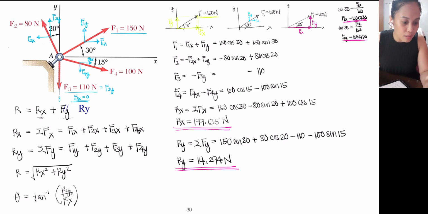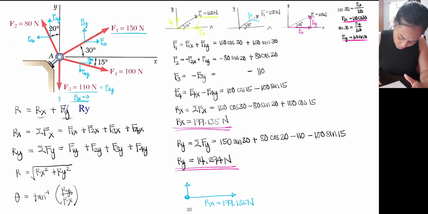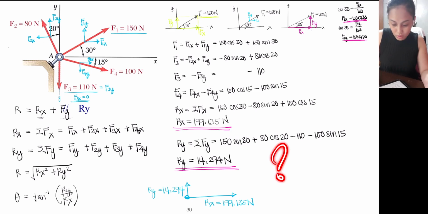So if we draw the Cartesian coordinates, Rx is 199.135 newtons and Ry is 14.294. So what is the resultant force?